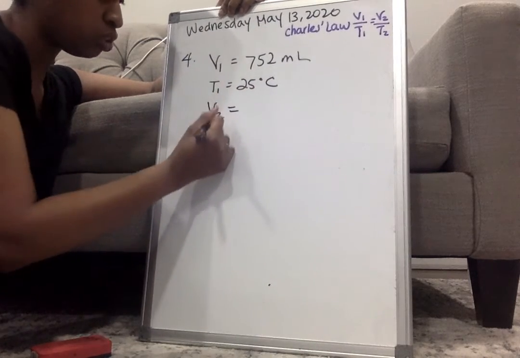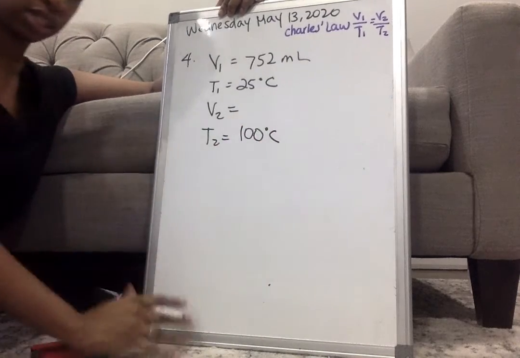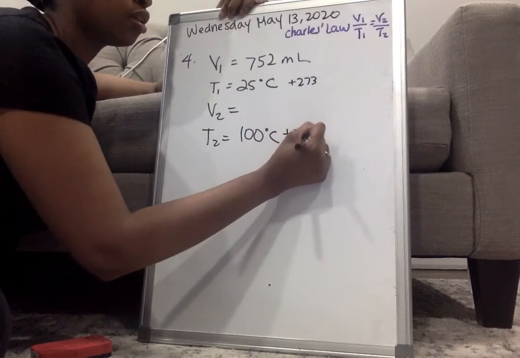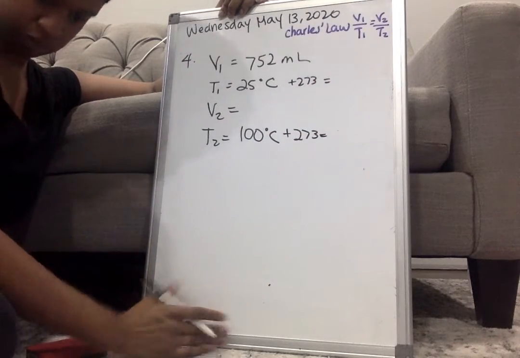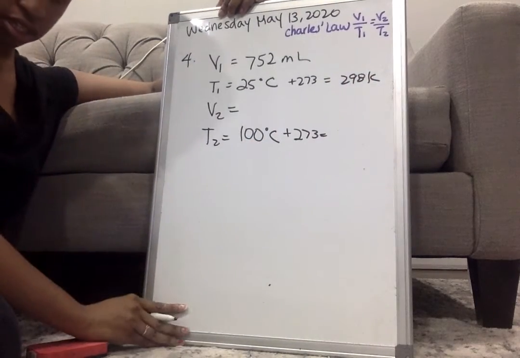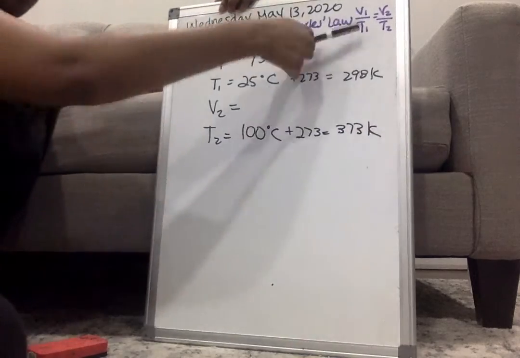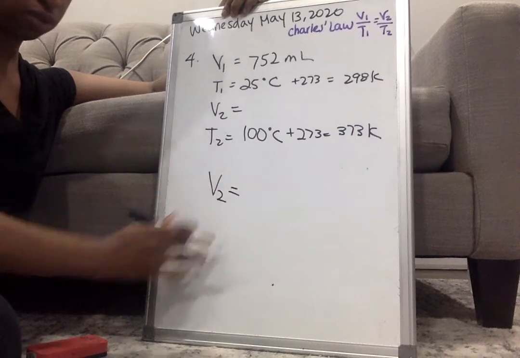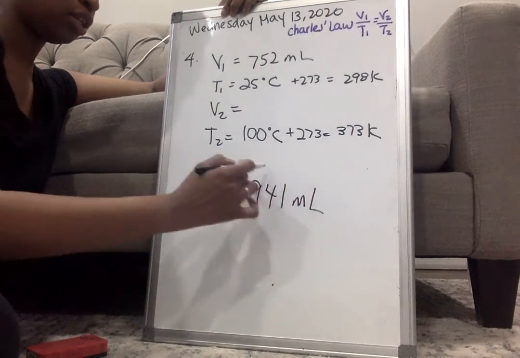So we solve for V2 if the temperature increased to 100 degrees Celsius. Again, convert to Kelvin. We have 298 K for T1, and for T2 we have 373 Kelvin. You plug it in, and then your final volume, you should get 941 milliliters.